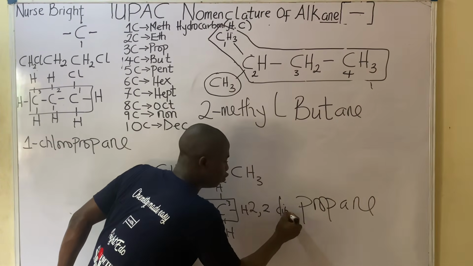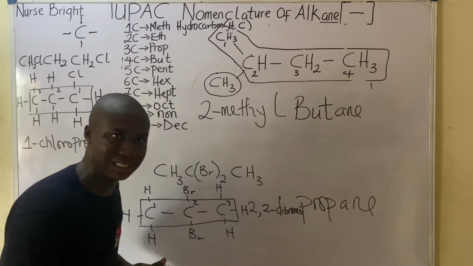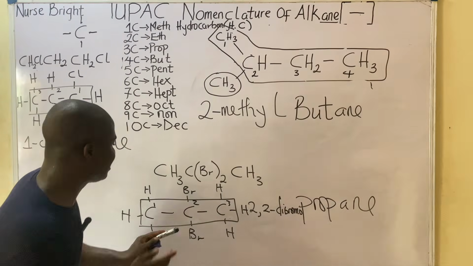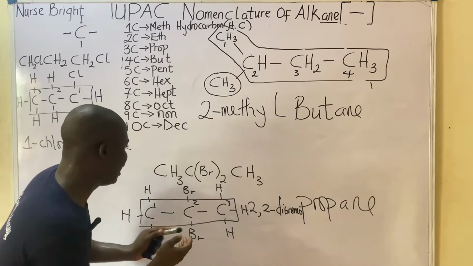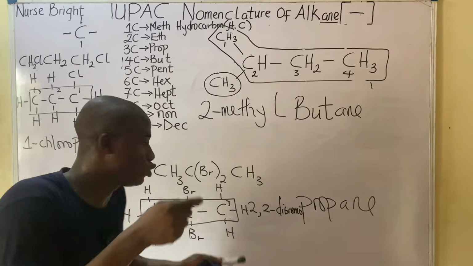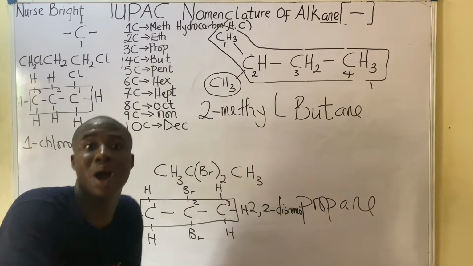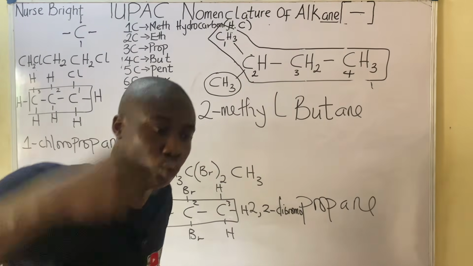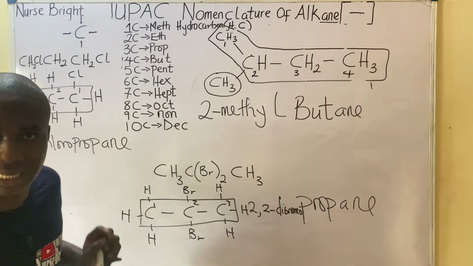Di-bromopropane. Do you understand? So for instance, if this bromine was here, now what will you do? You call the number of the carbon on which that bromine was found. But because it was on carbon 2 and we had 2 bromines, that's why it's 2,2-dibromopropane. That's the name of this compound.